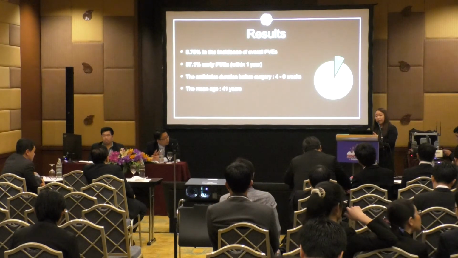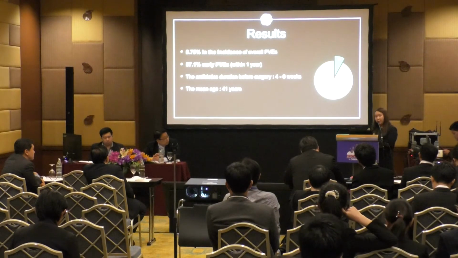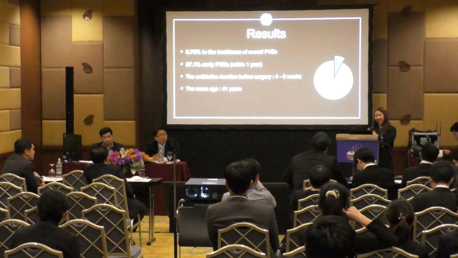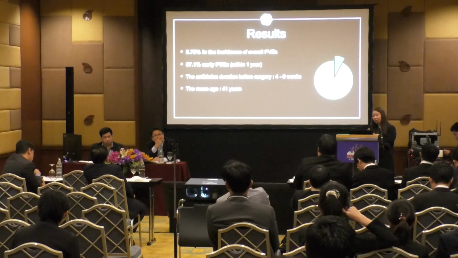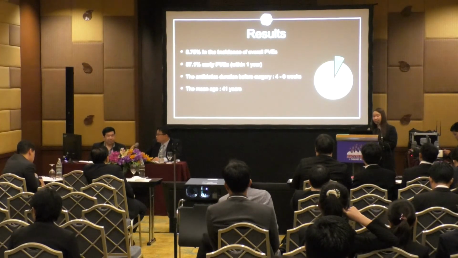Because the 80 were the first people who had IE with the operation, and then after they got infection, you cannot call that incidence. You have to call that just a percentage, not incidence.